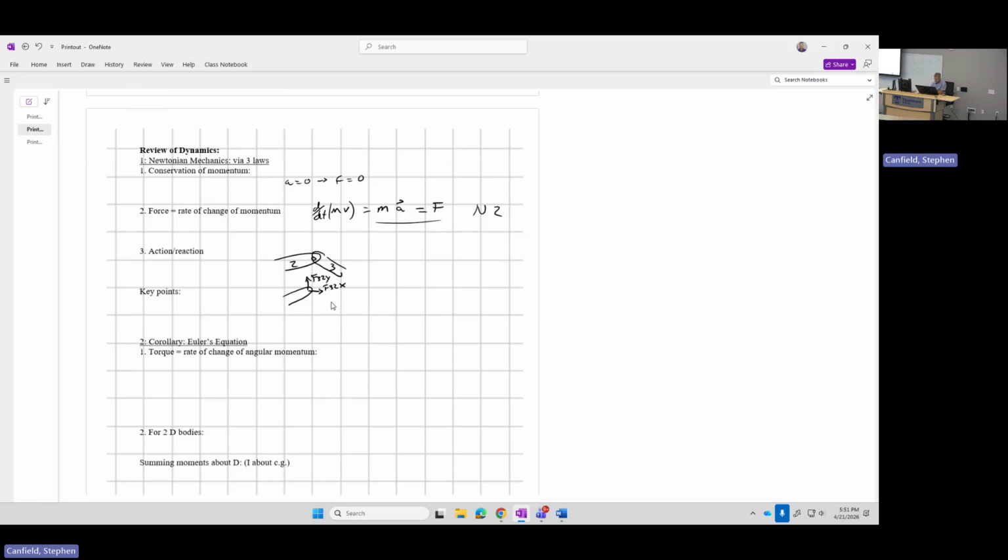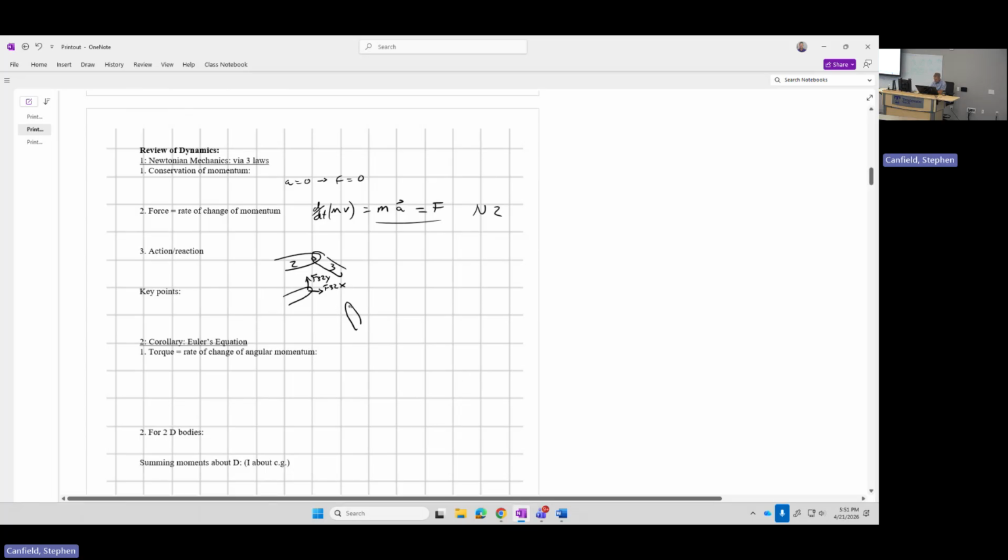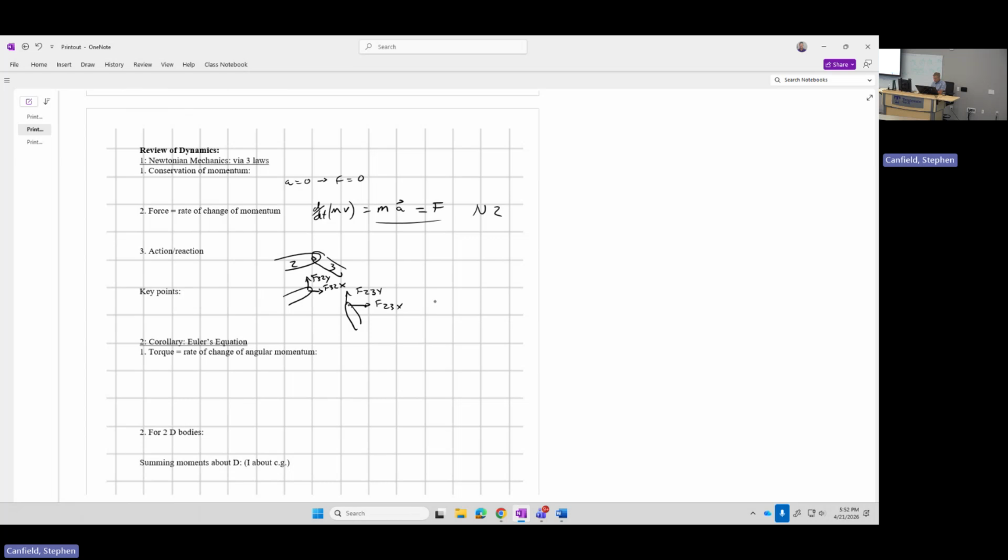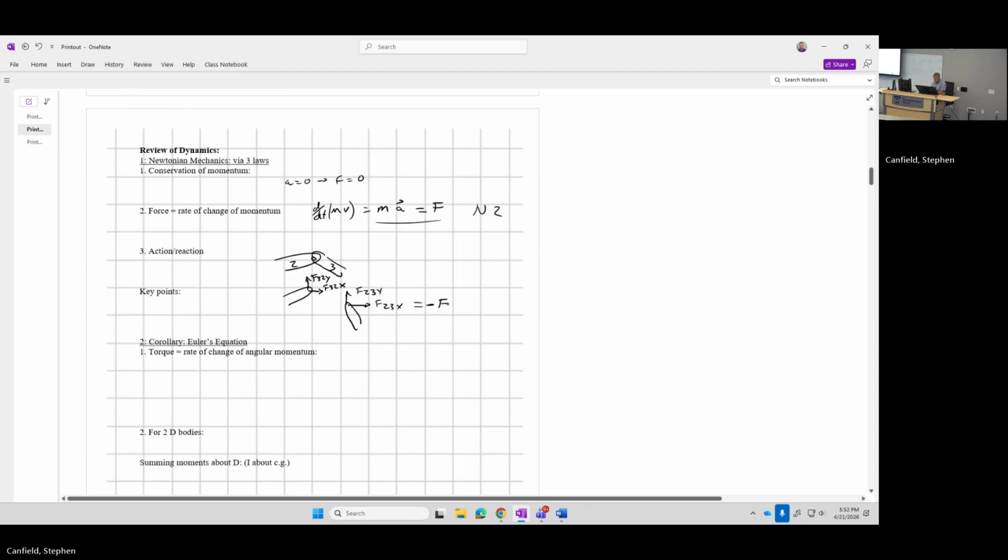And similarly for this guy, there's a force of 2 acting on 3, x and y. I don't know the direction, so I just assume they're positive. But Newton's third law says that action, reaction, these things are equal. So the force of 2 on 3 in x has to equal negative 3 on 2 in x, and the force of 2 on 3 in the y has to equal negative 3 on 2 in y. And that's Newton's third law.